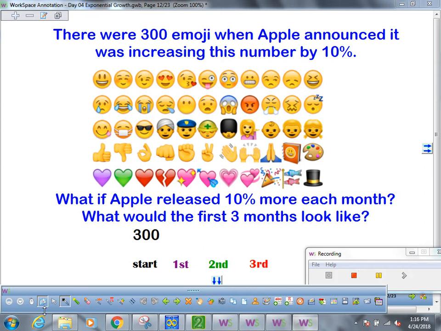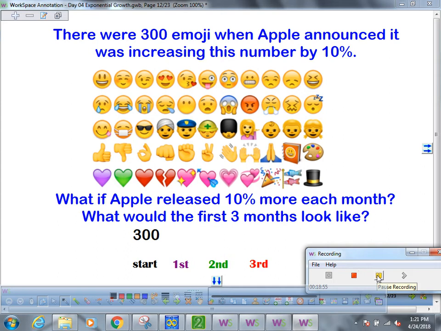Go. So some of the questions that I got, which were great questions, is it just 10% each time, which would be 300, then 330, then 360, then 390. But what's happening when those emojis are increasing?